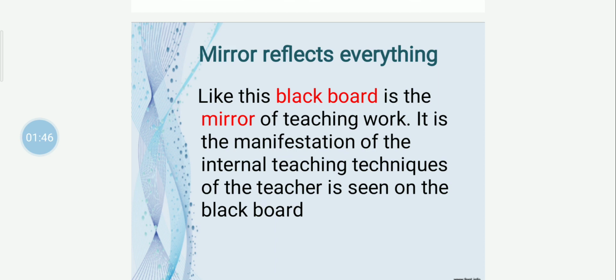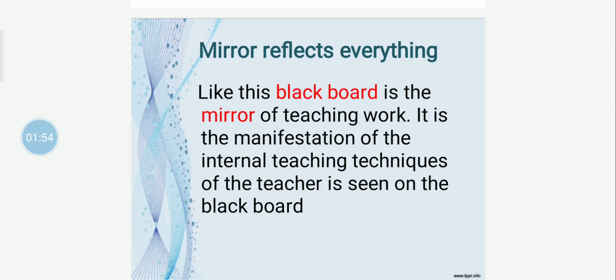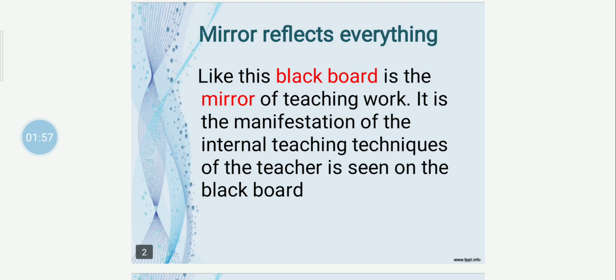It is the manifestation of the internal teaching techniques of the teacher, seen on the blackboard. Blackboard is an important visual aid used by teachers for effective teaching. A teacher makes extensive use of the blackboard in daily classroom teaching for working out problems, deriving formulas, proving theorems, drawing figures, constructing geometrical figures, and so on.